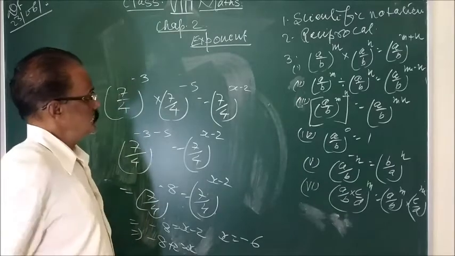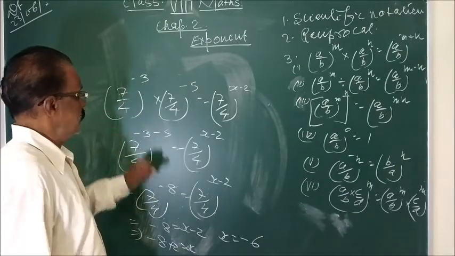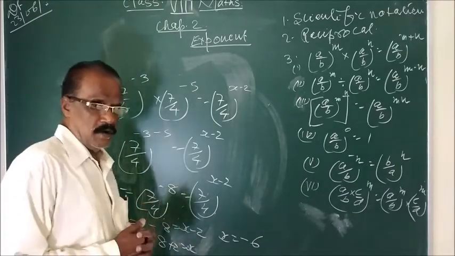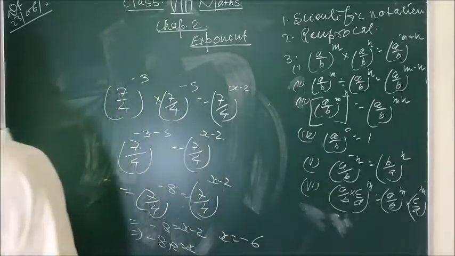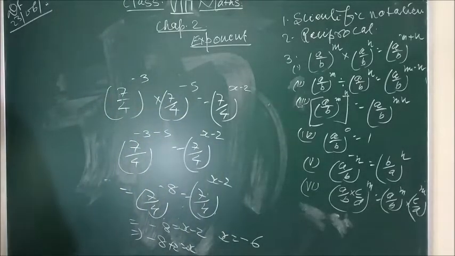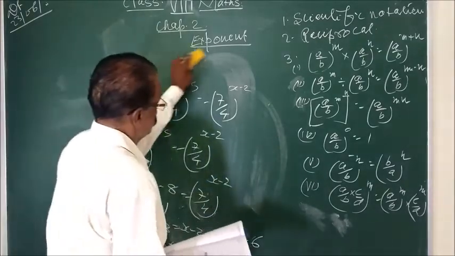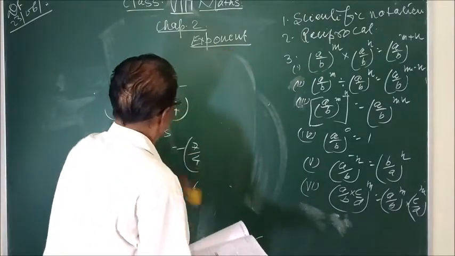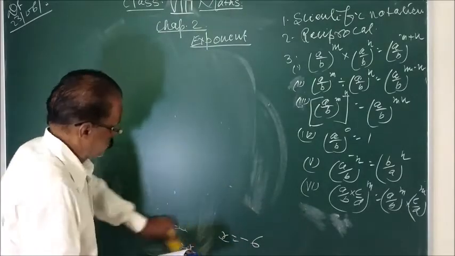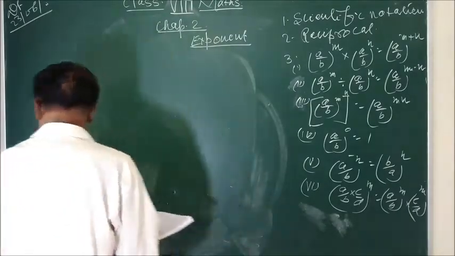So this is the solution of this question, and I am sure you will try to solve the questions given in your book, and if you have any doubt you will try to ask me. I will try to sort out your doubts.